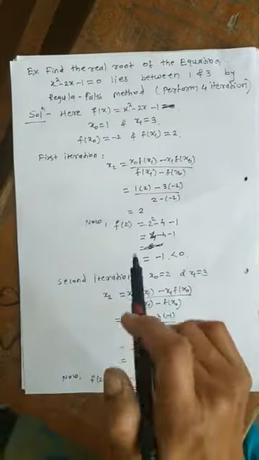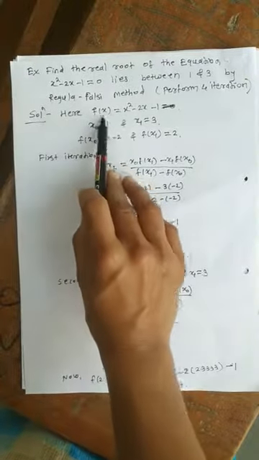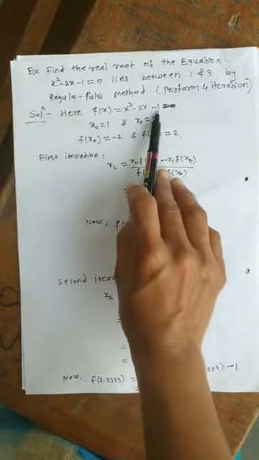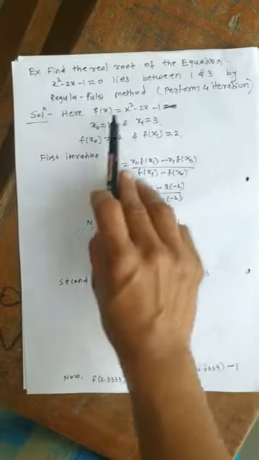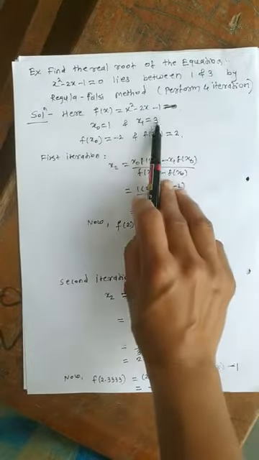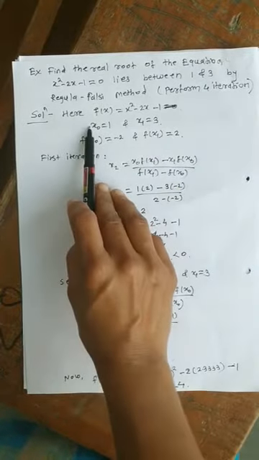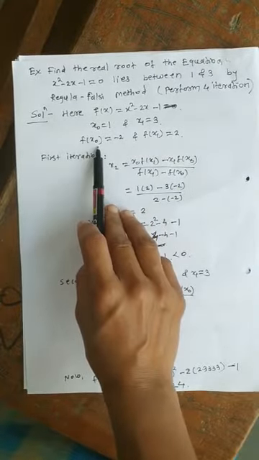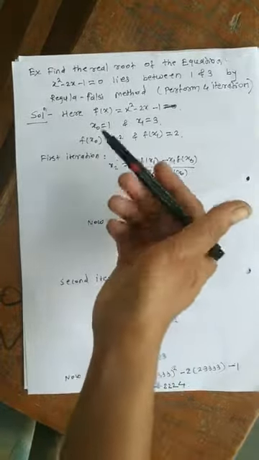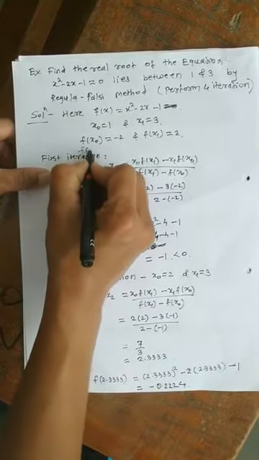Okay, so see here we are given f of x is equal to x square minus 2x minus 1 and the initial points x naught is equal to 1, x1 is equal to 3. So we first find f of x naught, that means f of 1.